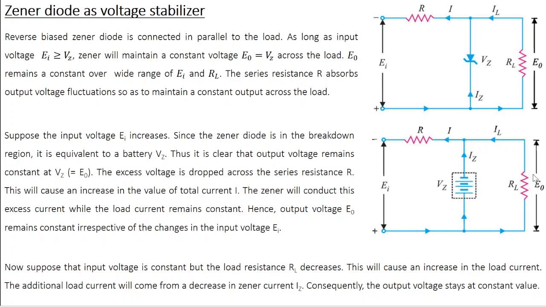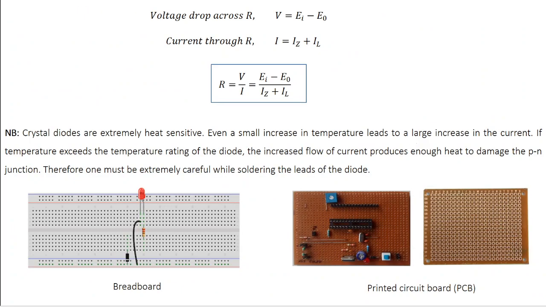So Vz is going to drop across this parallel connection, and the remaining voltage is going to drop across the series resistance R. So the voltage drop across R is going to be EI minus Vz, or EI minus E0.